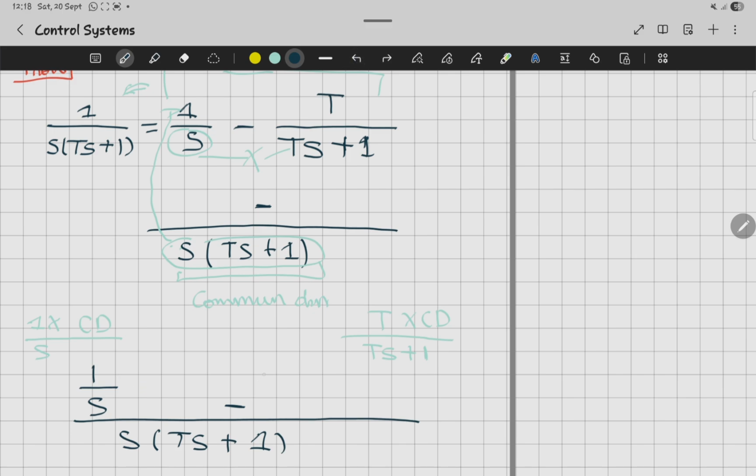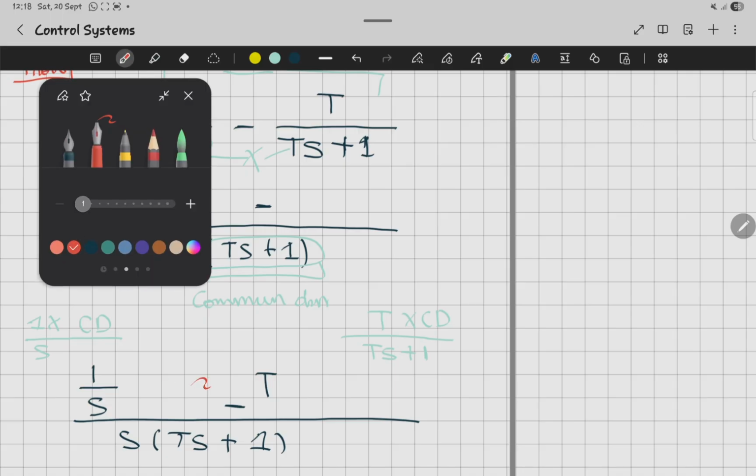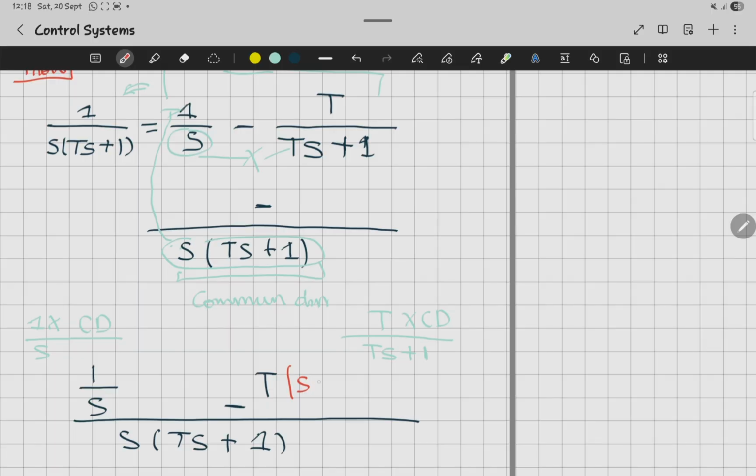and then we're going to have t times s, something like this, plus 1, and even this side ts plus 1. Okay, so what you see here, you can see that s and s will cancel out.